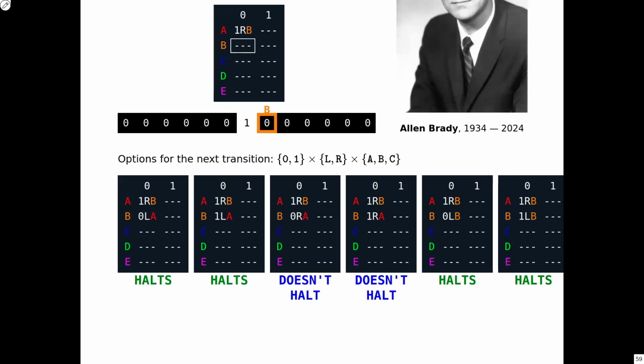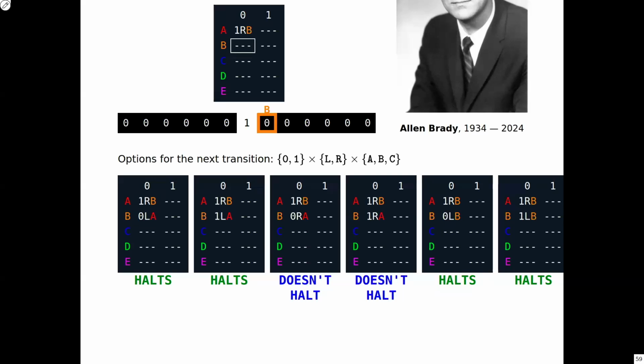And then you give all of those to your decider pipeline. And of course, you have only 2 real states here, so this is going to be quite easy to solve. And your decider pipeline says, oh, these halt, these don't. And for all the Turing machines that don't halt, where these undefined transitions are defined, you can consider them as not halting.